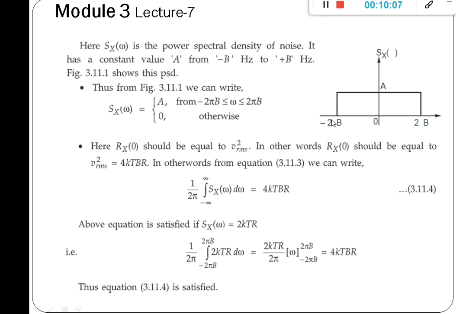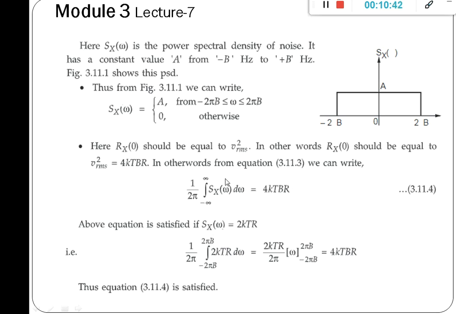Over the range minus 2 pi B to plus 2 pi B, where B is the bandwidth of the measuring system, and this is the RMS value, which we are aware of. To equate this, the value of Sx of omega has to be this. By substituting this value as Sx of omega, we solve for the power spectral density waveform.